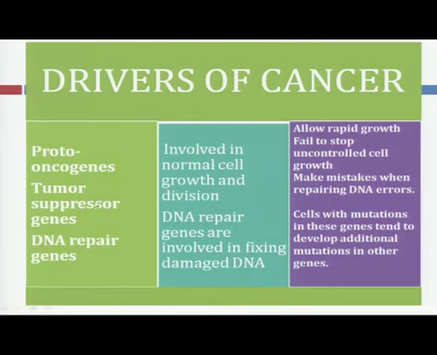So, what happens if these genes are mutated? They allow the rapid growth of the cell, they fail to stop the uncontrolled cell growth, and they make mistakes when repairing the DNA errors. Cells with mutations in these genes tend to develop additional mutations in other genes as well, and all these can lead to the formation of cancers.